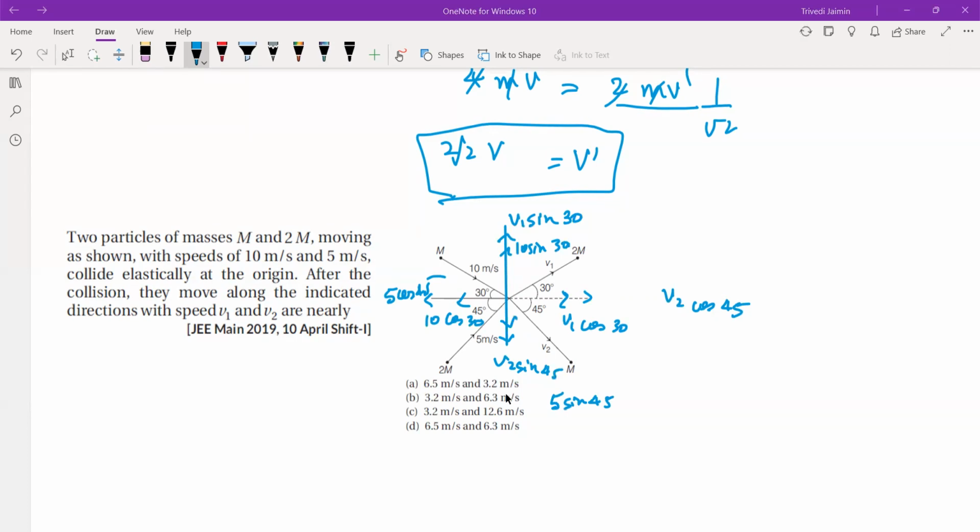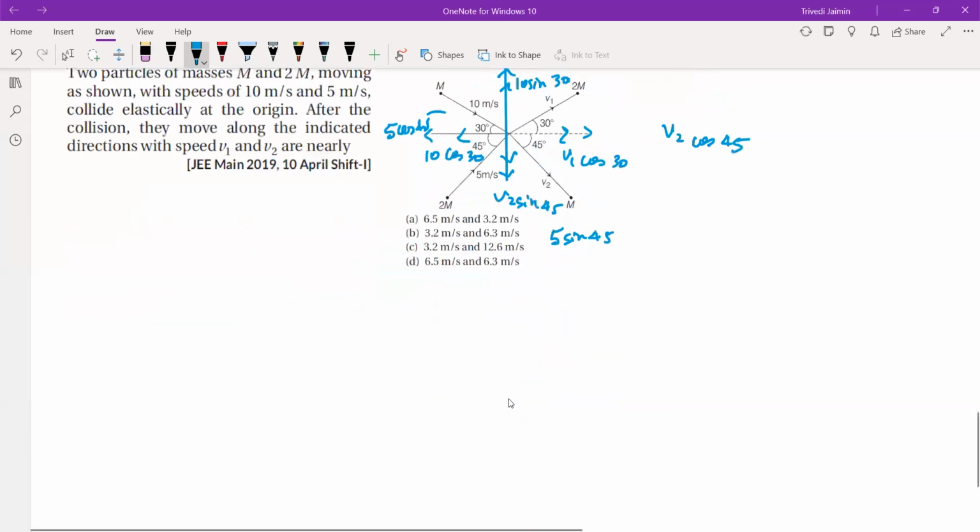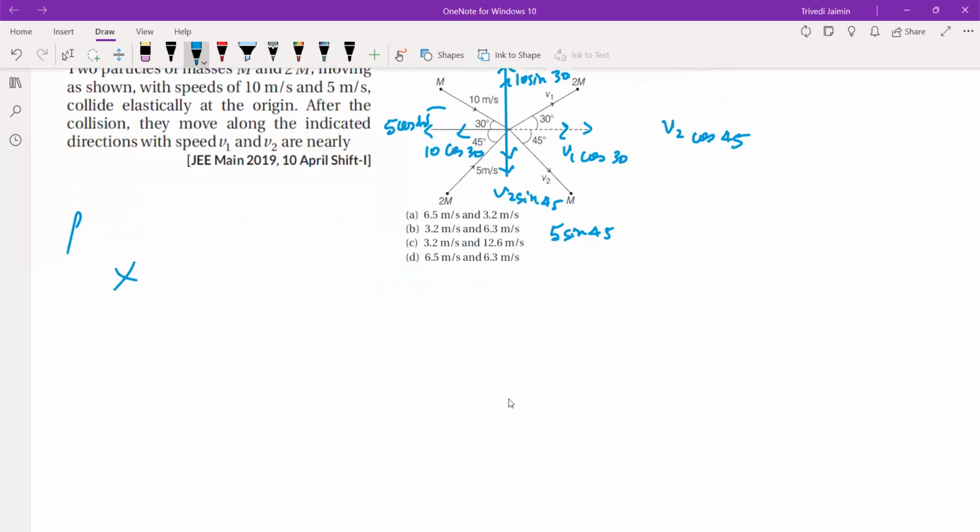Now we can write here initial and final, initial equals to final. First in x direction, then in y direction. So in x direction, what you will get, check. In y direction, what you will get, same. Initial and final.